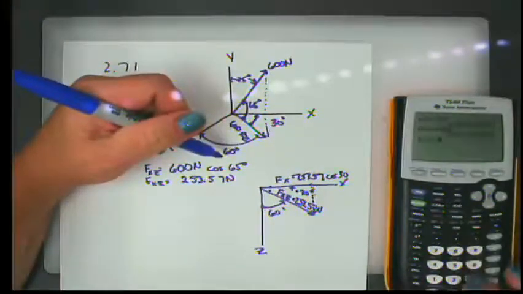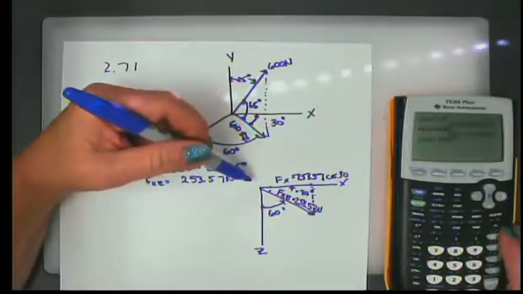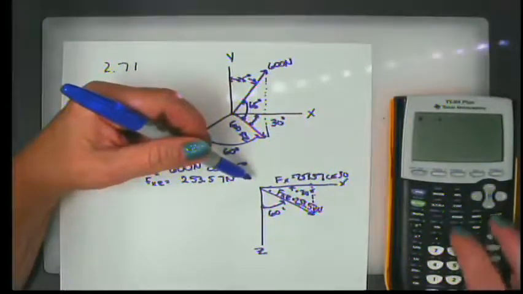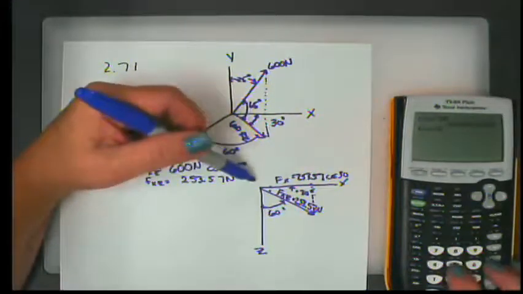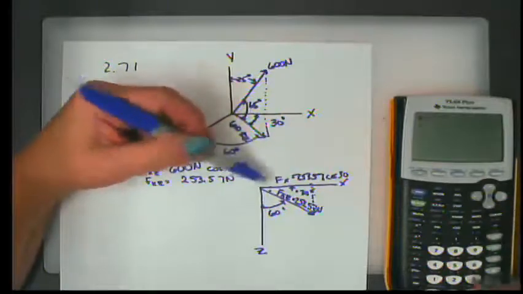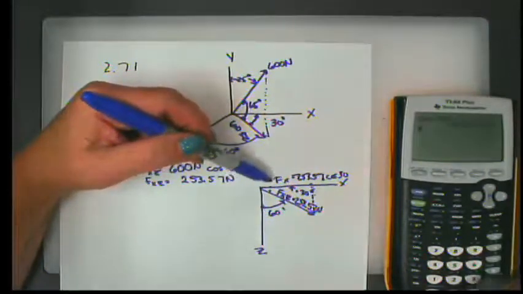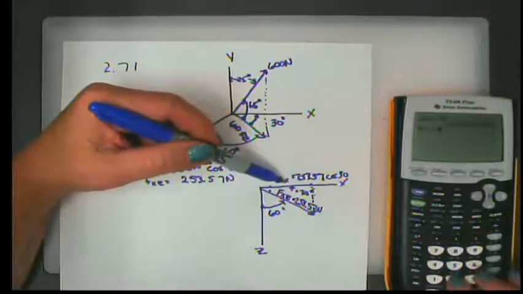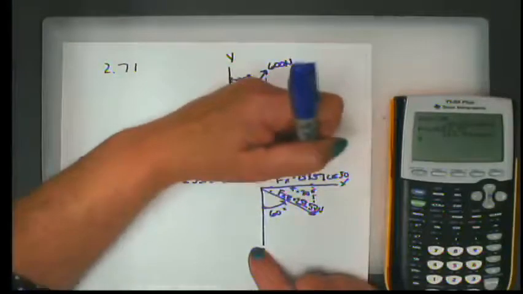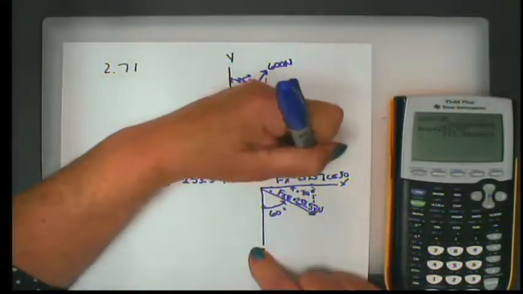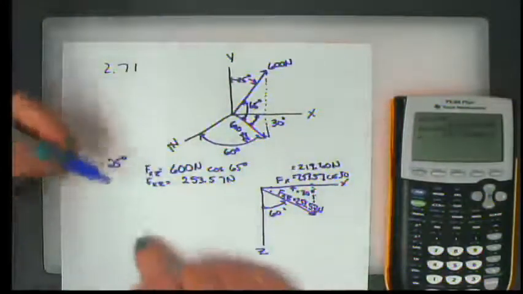So if I type in cosine 30 degrees in my calculator and multiply it by the projection, sorry, that was wrong, cosine 30, multiply that 0.866 by, boy, my fumble fingers today, cosine 30 times 253.57 newtons is 219.59860 newtons.